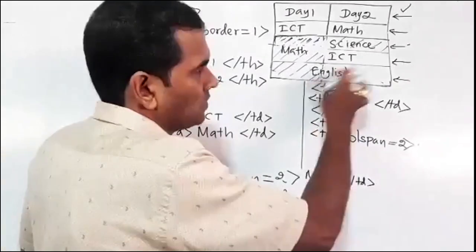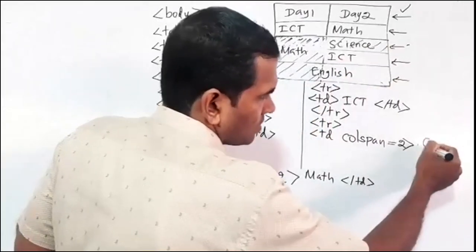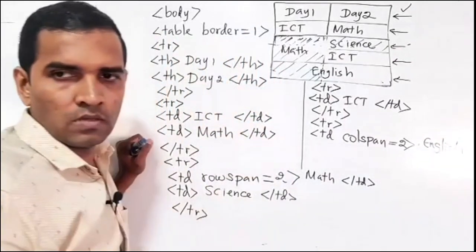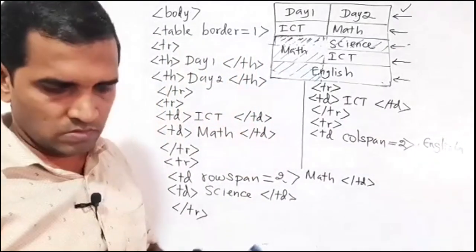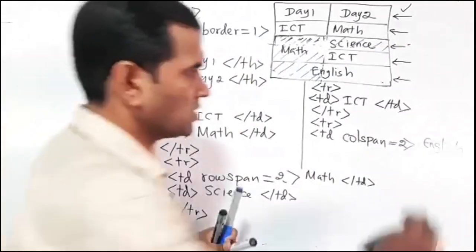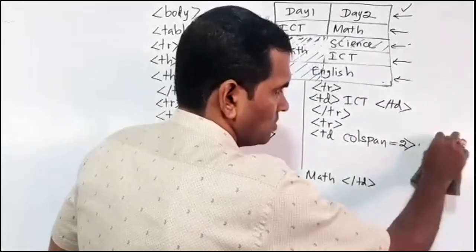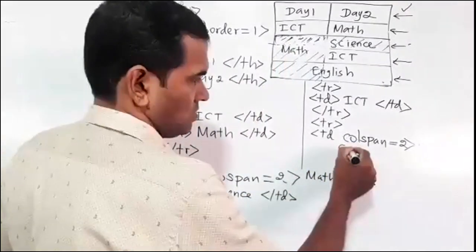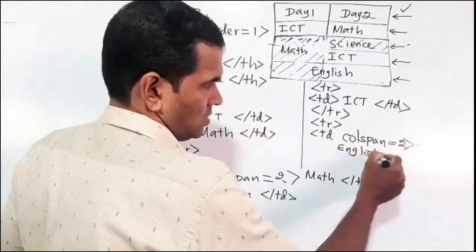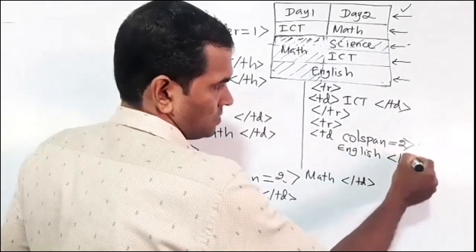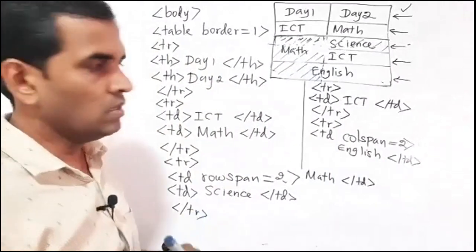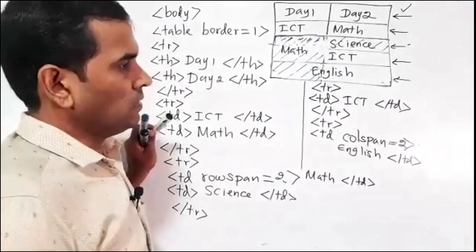Now give the data. What is it? English. I write it in the next line, English. Then close the TD. Look here.